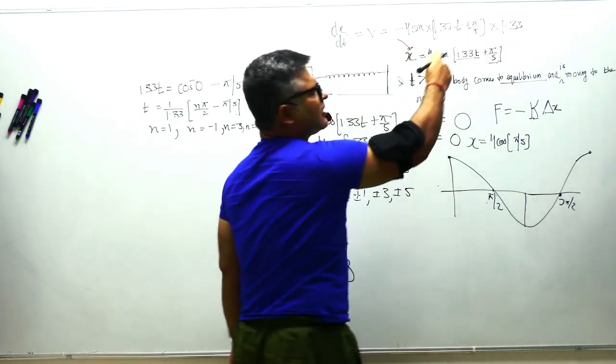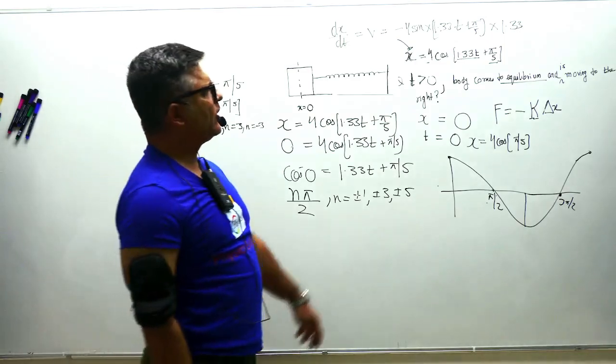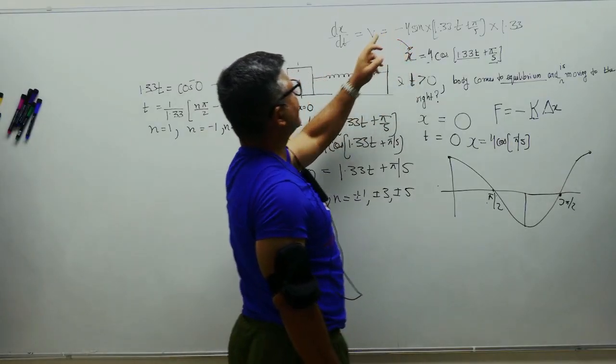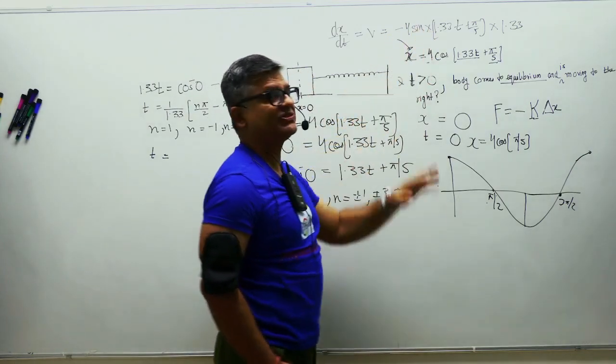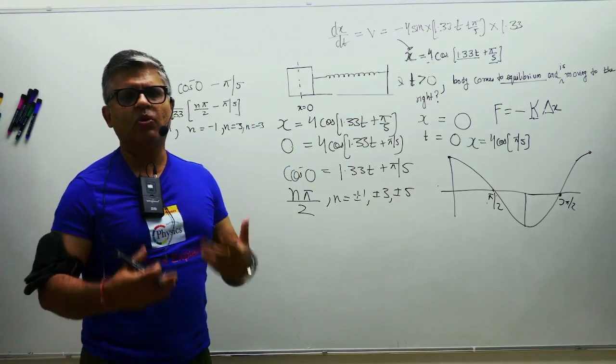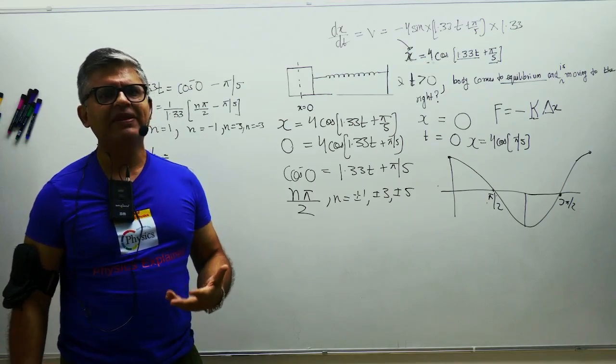So I've applied the product rule on the sine, and you can see I'm getting a negative sign, which means how do I make this velocity to be positive? That's the question, right? What are the quadrants in which it will remain positive?